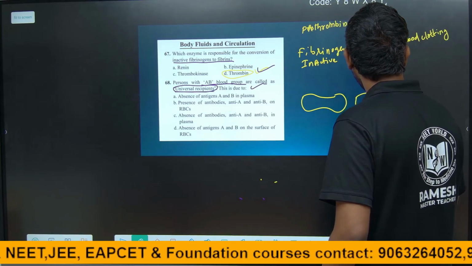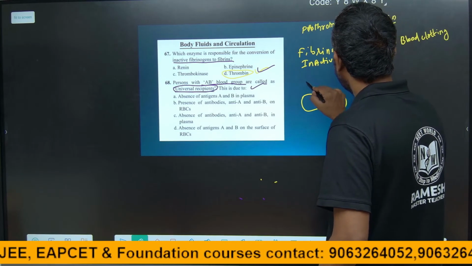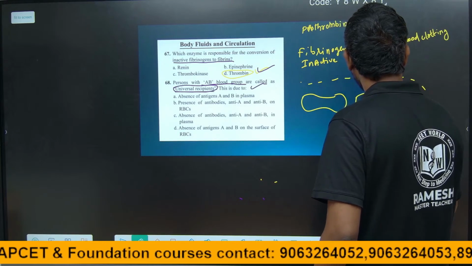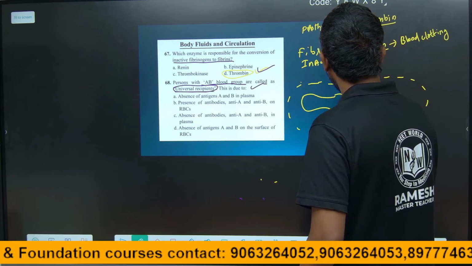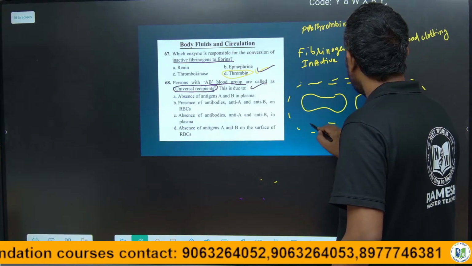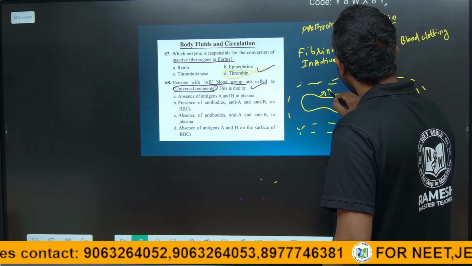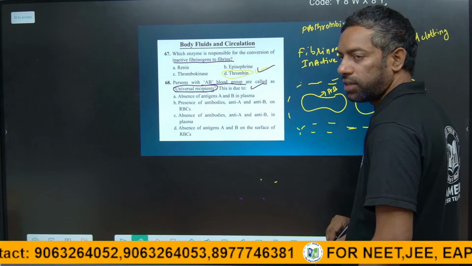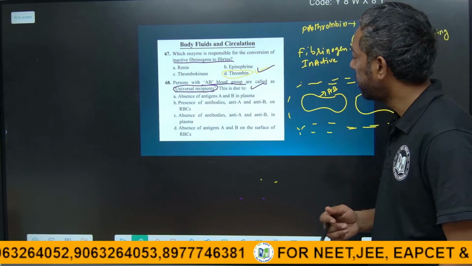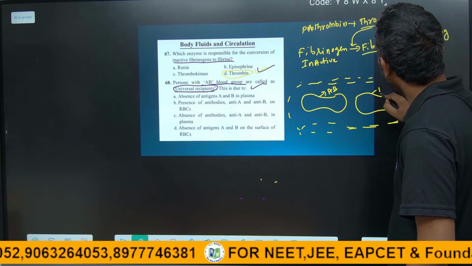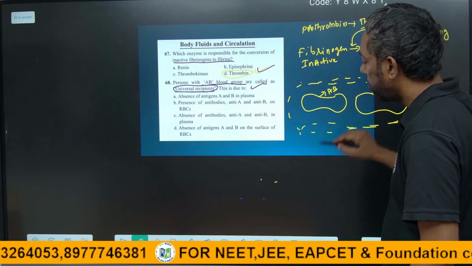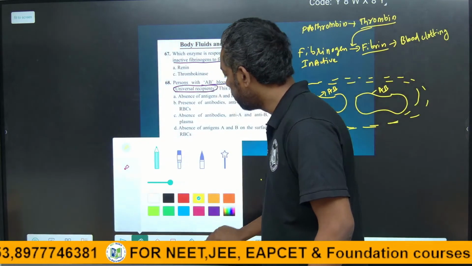In the RBC surfaces of the AB blood group there are antigens A and B, guys, but in the plasma there are no antibodies.